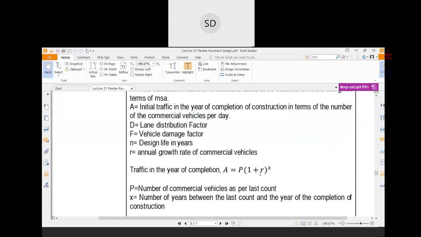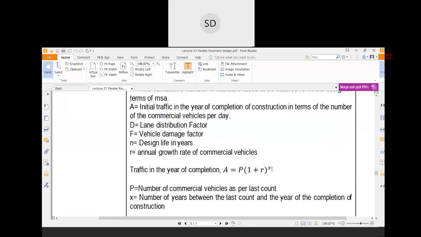r is the growth factor or annual growth rate, and x is the number of years between the last count and the year of completion. Suppose you have started the road project in 2020 and you have the traffic data for 2018, and it will be completed in 2023.